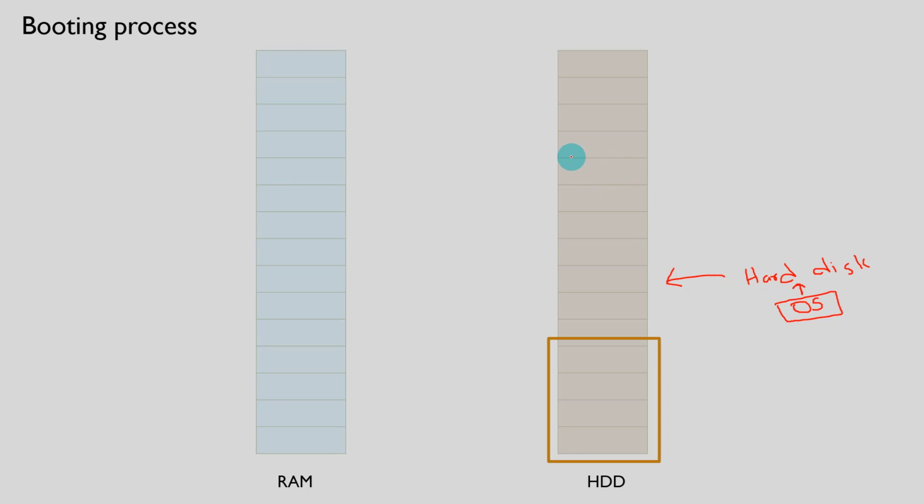So imagine your hard disk is maybe, let's say, 1 terabyte, and assume your OS has taken, I don't know, maybe 5 GB. Okay, so assume this is your hard disk, HDD, hard disk drive, and there are some sectors.